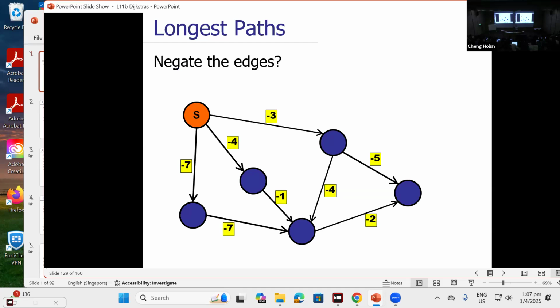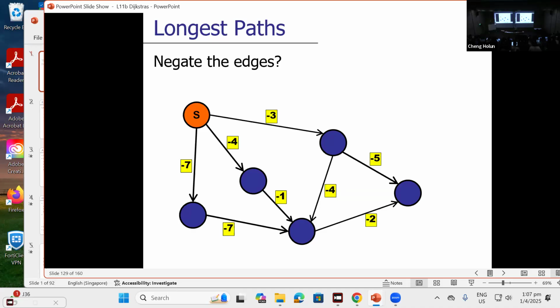But then there are negative edges. Is it totally impossible? Who will say it's totally hopeless? Totally no way, whatever graph, you cannot find the longest path like that. Why is there still some hope for certain graphs?